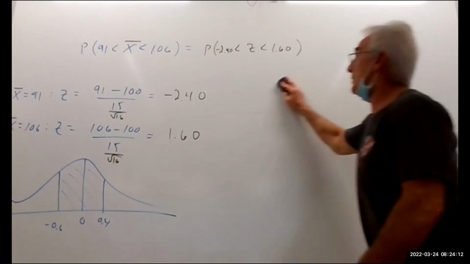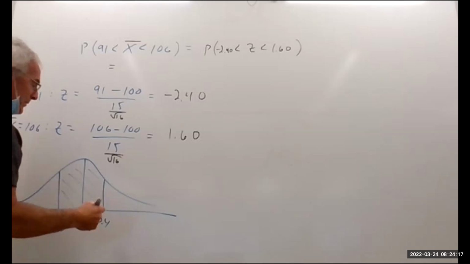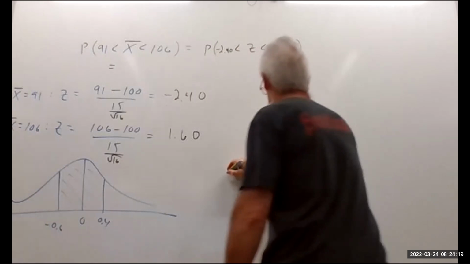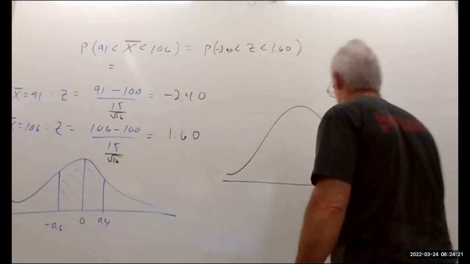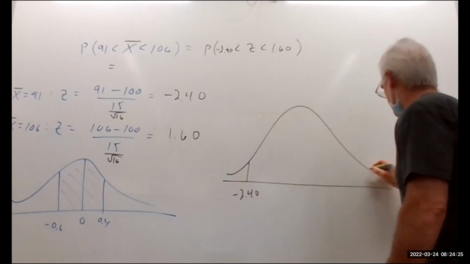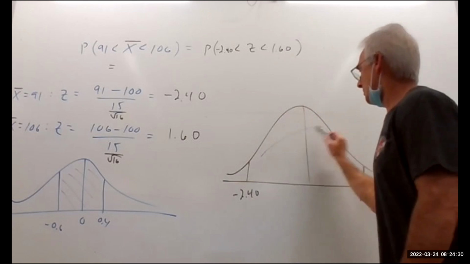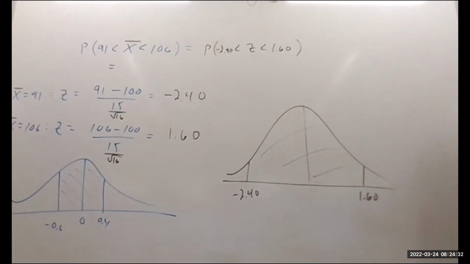So let's look this up. Start with, what is the probability? My new picture is negative 2.40 and 1.60. And I want all of this. Well, that's way more, isn't it?